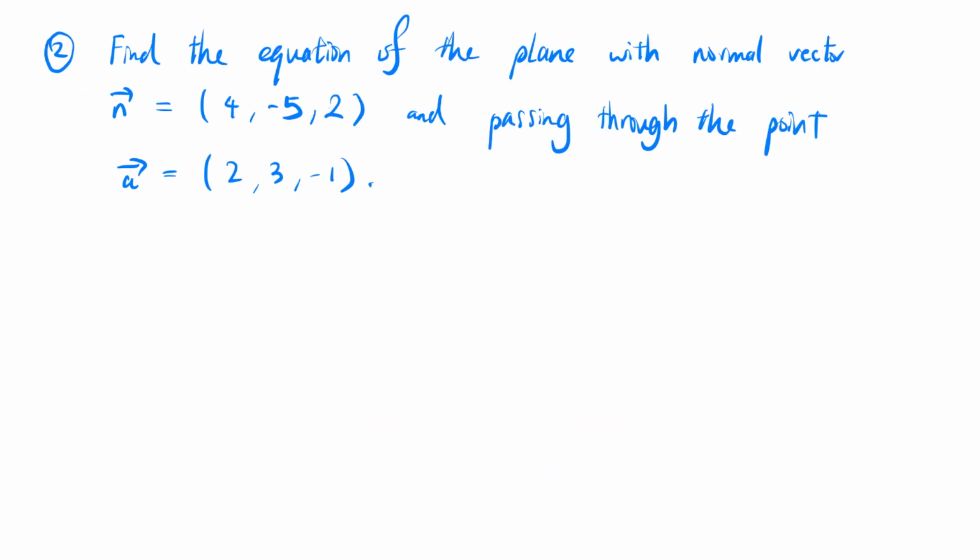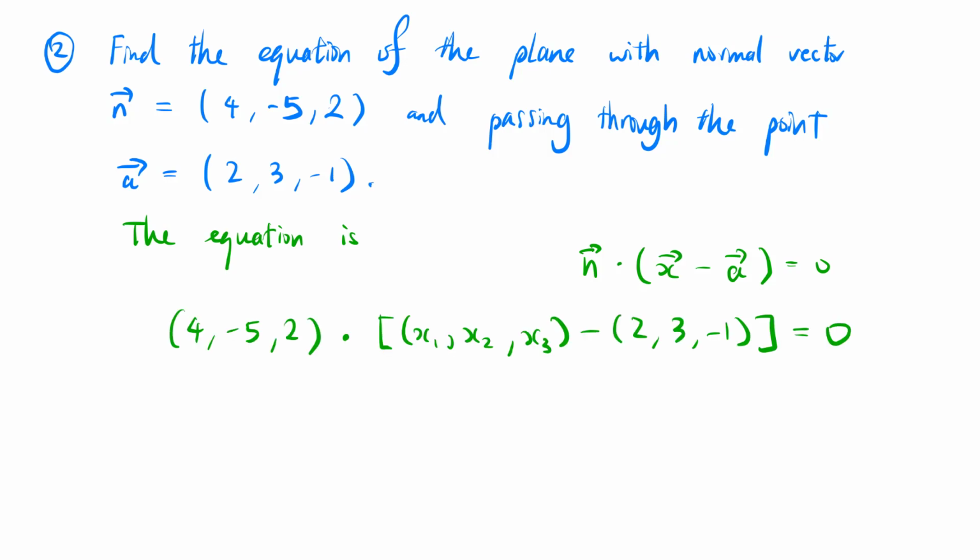Let's look at a second example. Suppose we want to find the equation of the plane with normal vector n equals 4, negative 5, 2, passing through the point A equals 2, 3, negative 1. Applying the definition, the equation is n dot (x minus a) equals 0. By plugging in the vectors, we have 4, negative 5, 2 dot (x1, x2, x3 minus 2, 3, negative 1) equals 0.